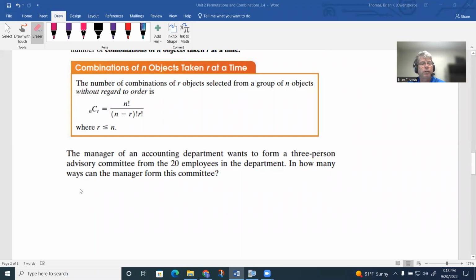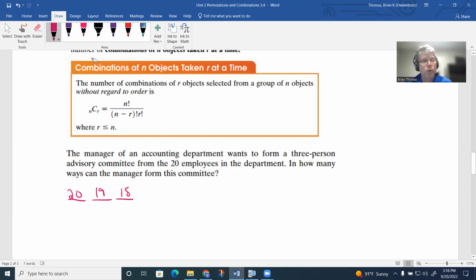If I'm trying to do this logically, we have 20 employees, but we're only going to be choosing 3 of them. In the first slot, we have 20 options. For the second slot, we would have 19 choices. In the third slot, we would have 18 choices.